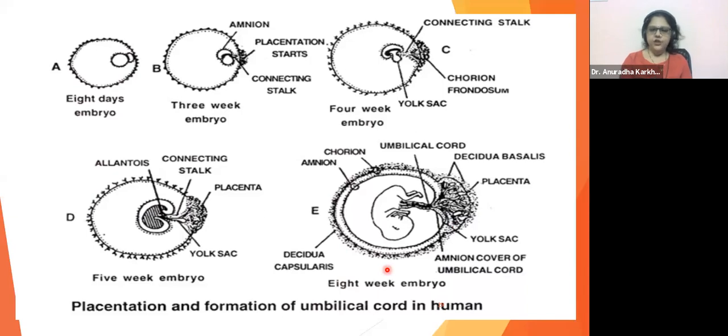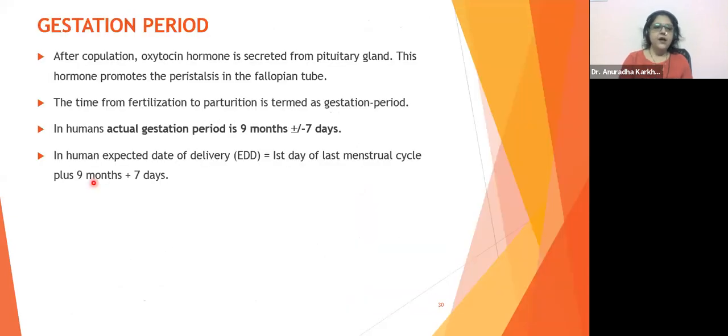Done? Sure. Fine. Now let us see what is gestational period. Okay. After copulation, oxytocin hormone is secreted from the pituitary gland of the female. Okay. This hormone promotes the peristalsis in the fallopian tube.